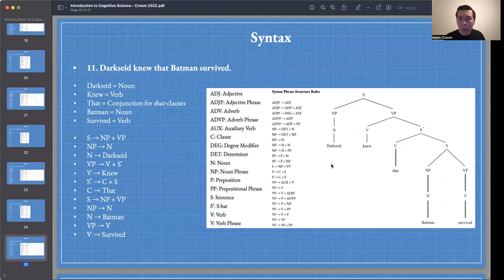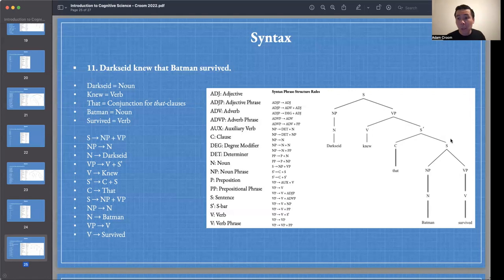So we're going to need to use what's called an S bar here. And the S bar is going to be a rule that allows us to connect a sentence and embed that sentence within a larger sentence.